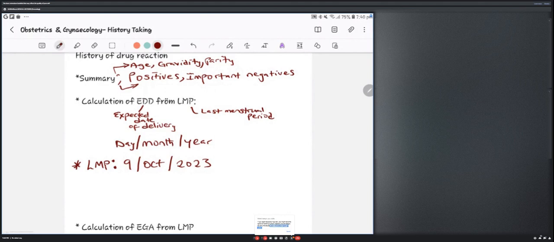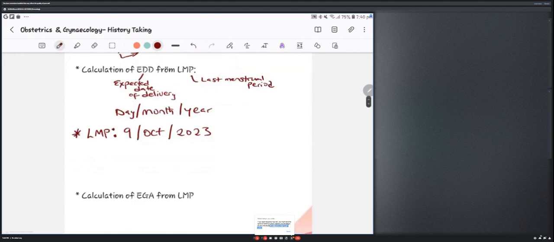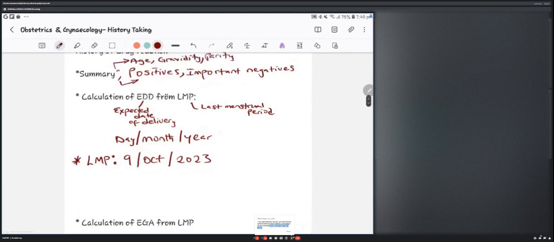So if the LMP is 9th October, all you need to do is, let me put it here: you add 9 to the months, and then add 7 to the days.